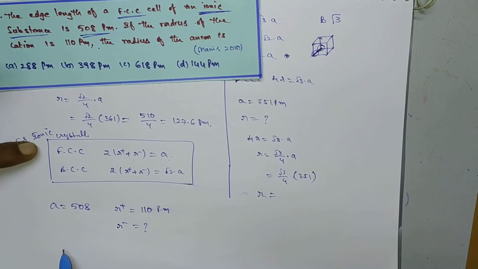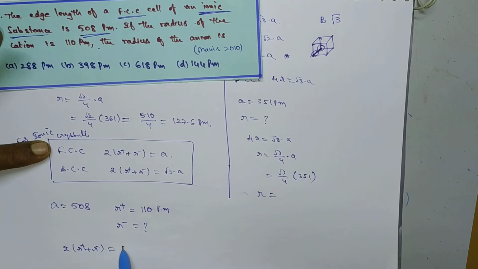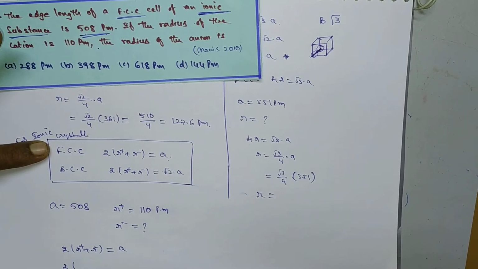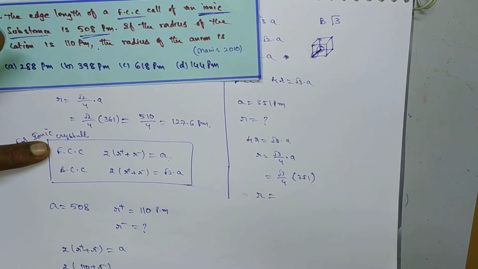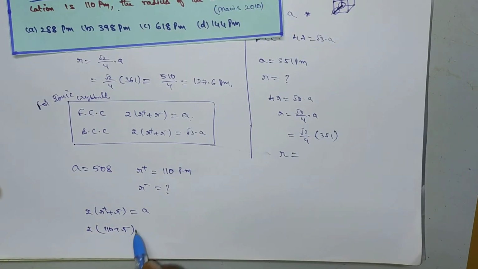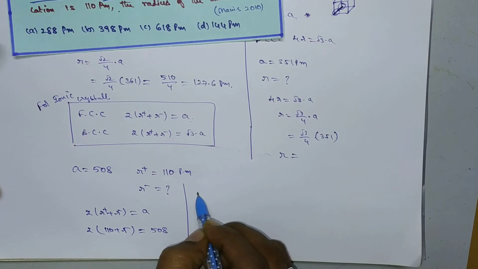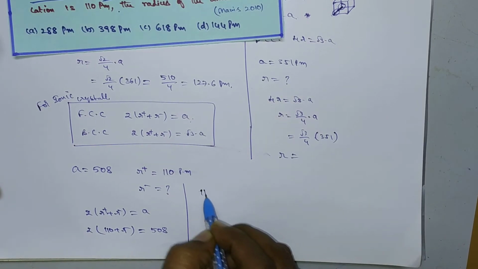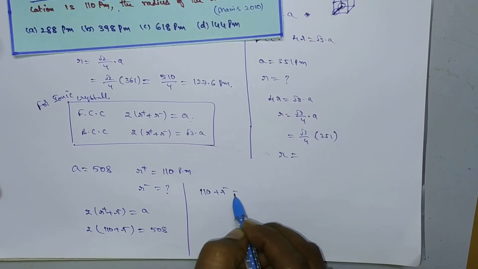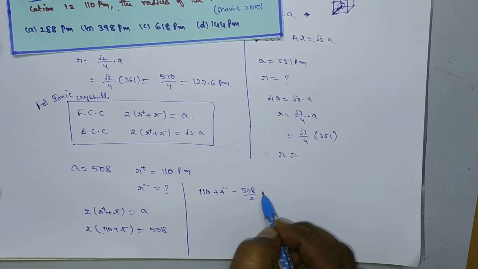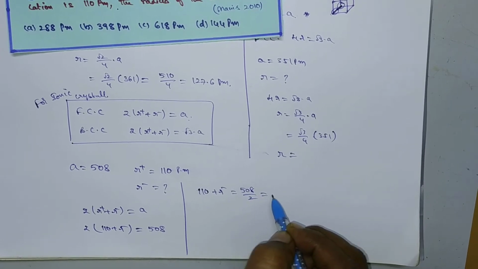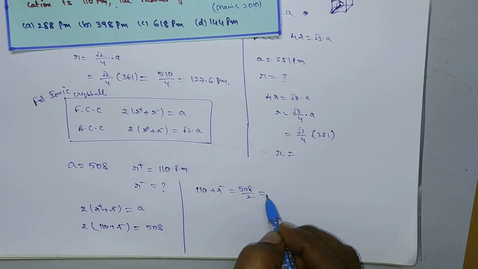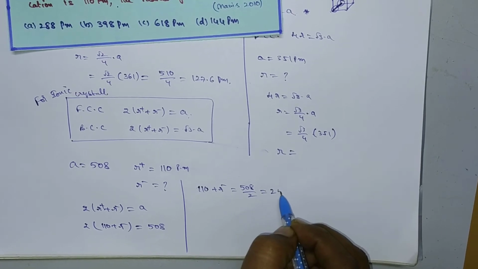So for FCC, 2 into radius of cation plus anion is equal to a. So 2 into 110 plus r minus is equal to 508. So 110 plus radius of anion equals 508 by 2, which is 254.